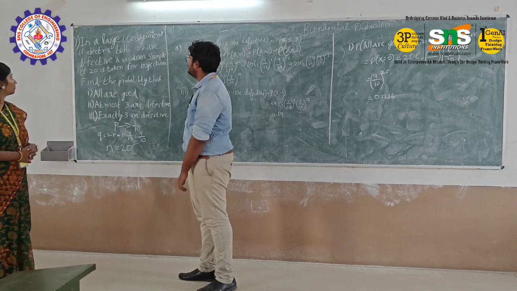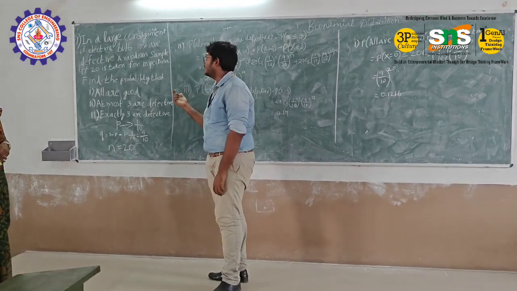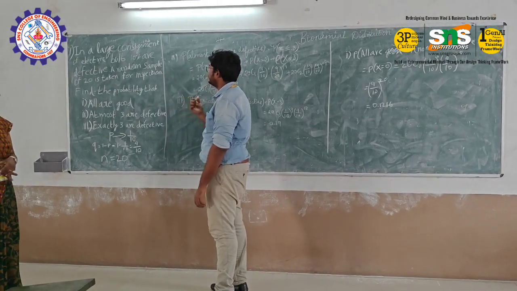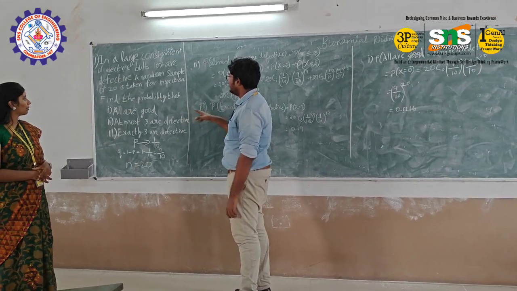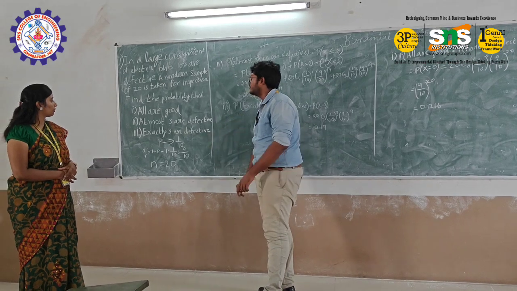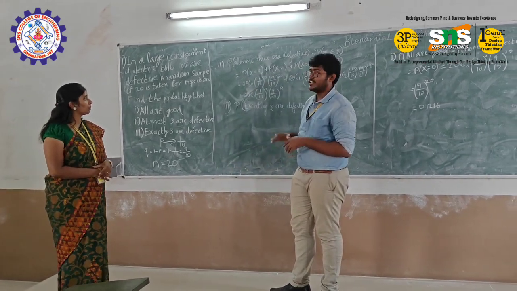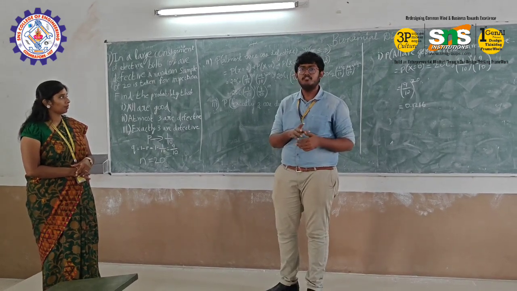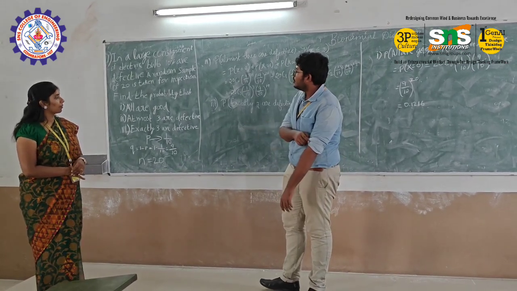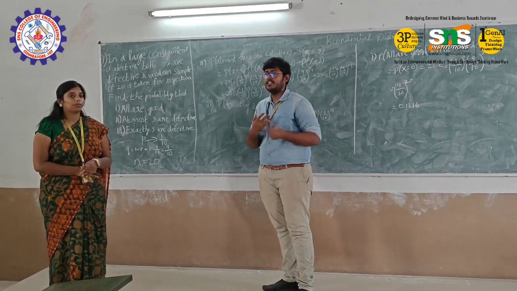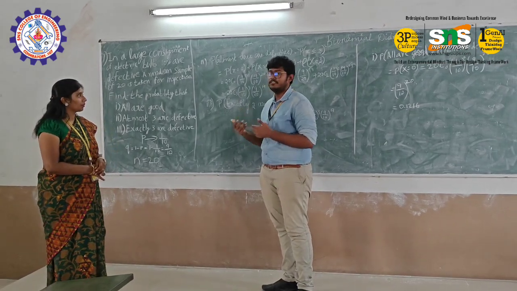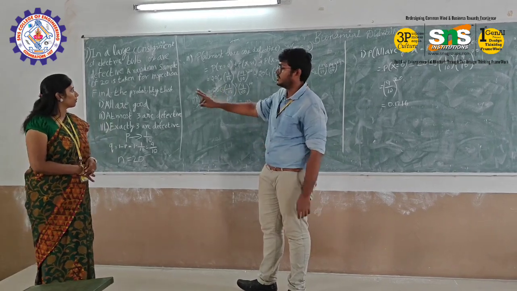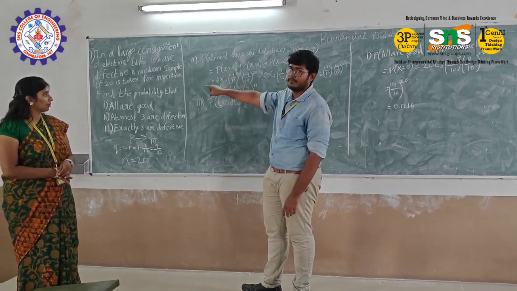Here the sum is: in a large consignment of electric bulbs, 10% are defective. A random sample of 20 is taken for inspection. Find the probability, and three subdivisions are given. We don't know which bulbs are defective; they have given only the percentage. So to find the probability of something being defective, we take a sample of 20 electric bulbs from the same consignment.